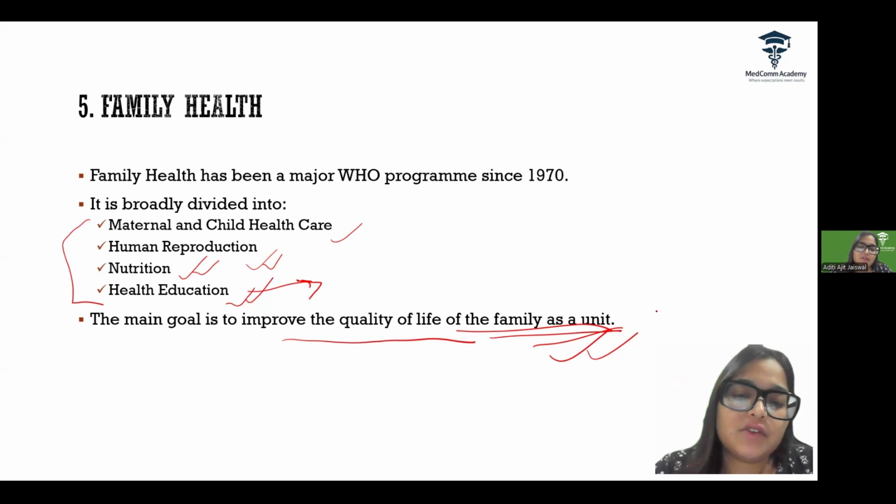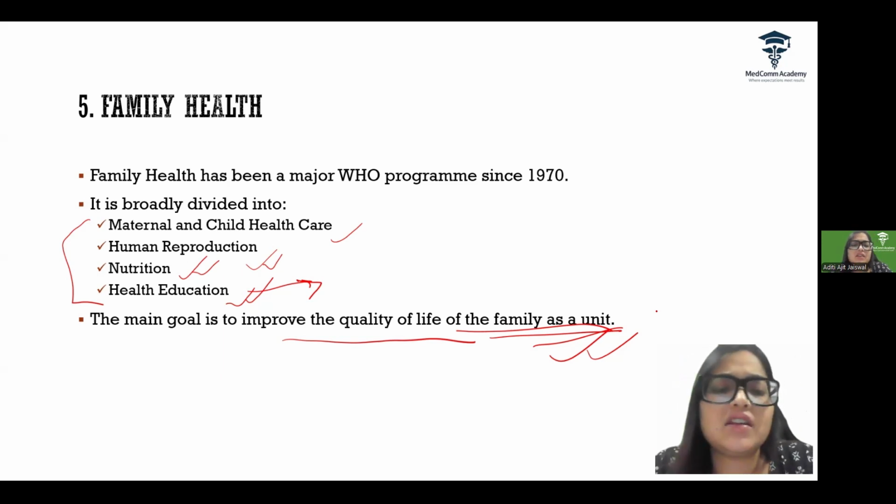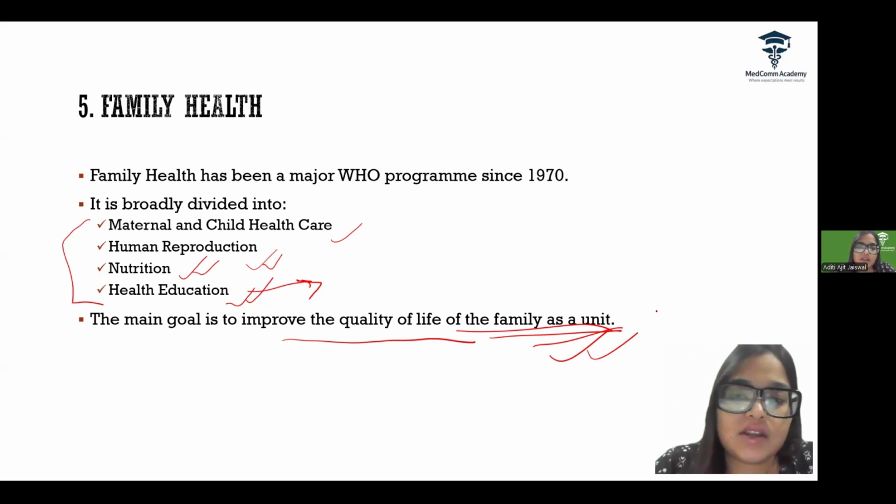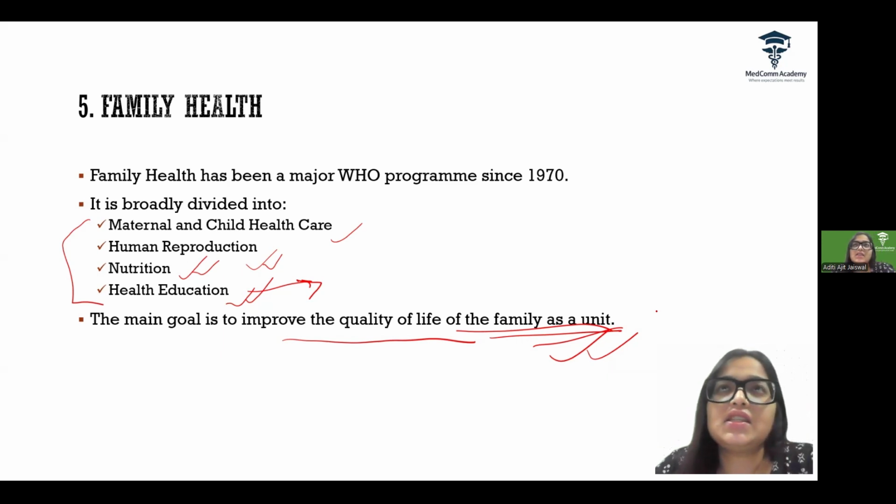If a family is healthy physically, mentally and socially, they can obviously have better offspring who are better able to cater to their own needs as well as those of society. Okay, so family health. After that, B, C, D, E, F.